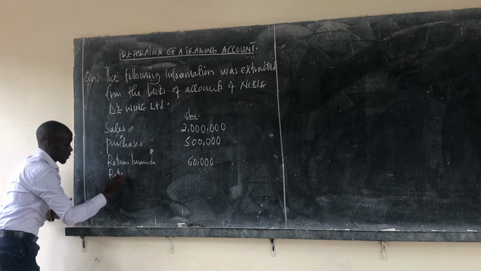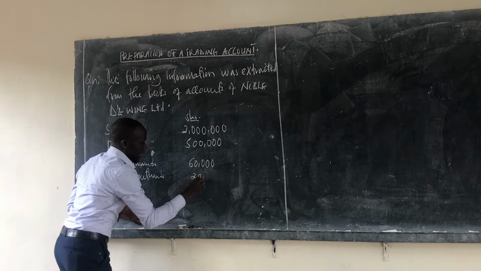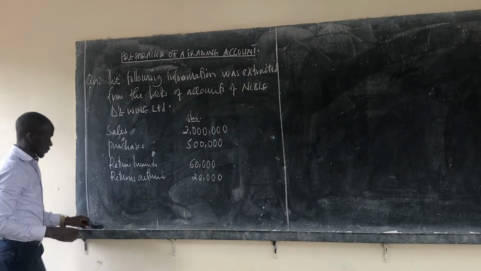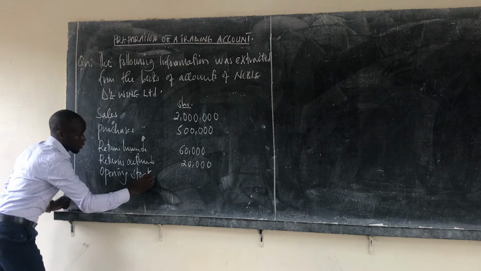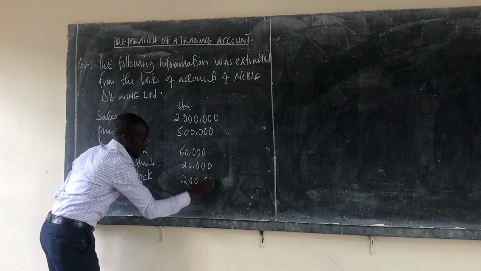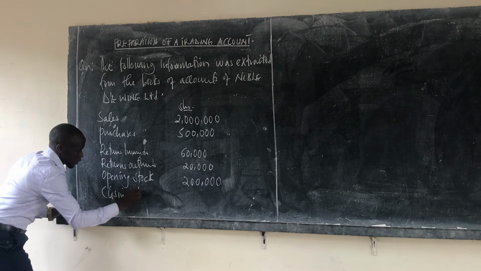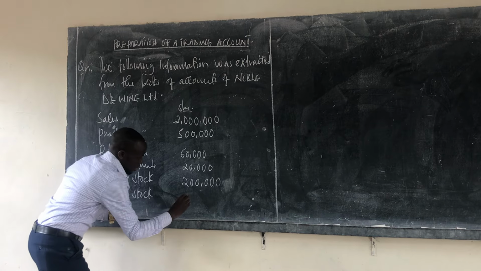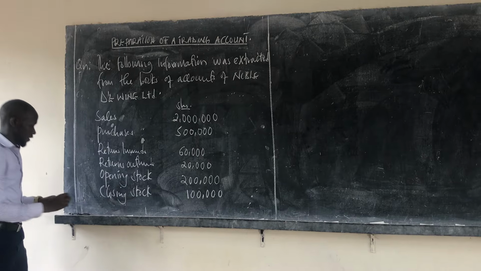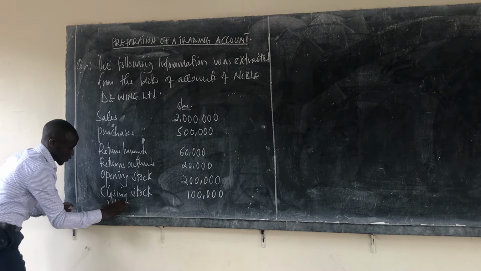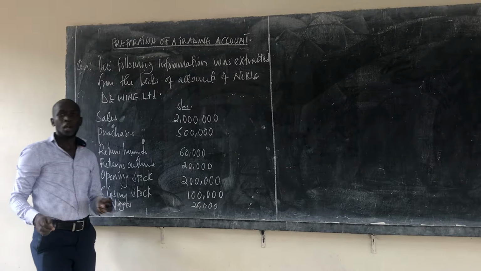Returns outwards, 20,000. Opening stock, 200,000. Closing stock, 100,000. And finally, wages, 25,000.